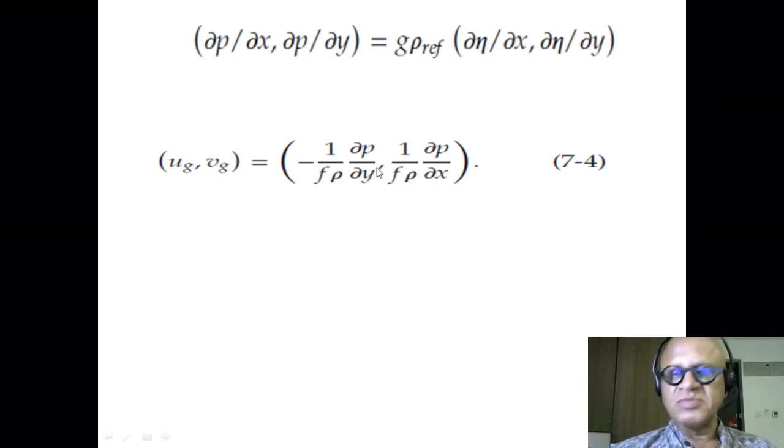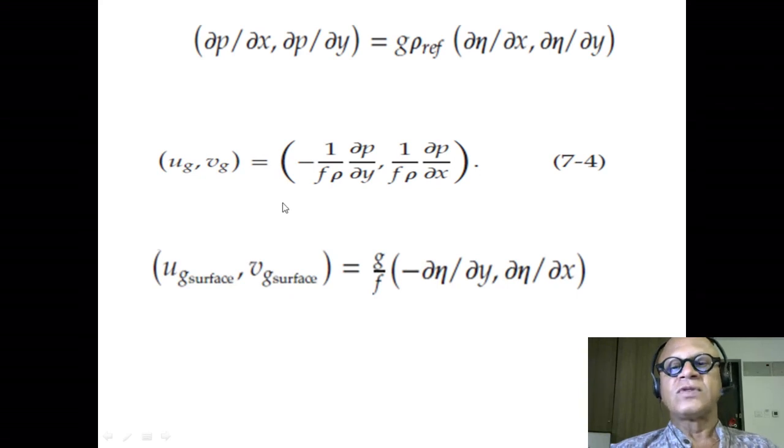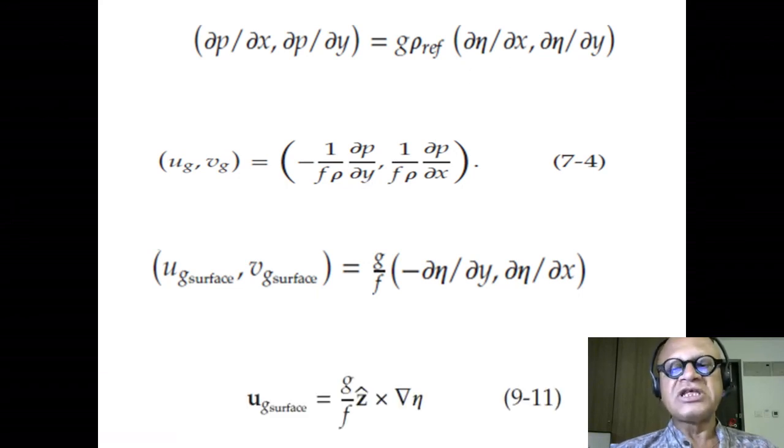Looking at our expression for geostrophic winds in the atmosphere, or the general expression we had derived, geostrophic surface currents then are just given by this relation here. Okay, we're just plugging in the relations from here. So measuring sea level gradients gives us geostrophic currents near the surface.